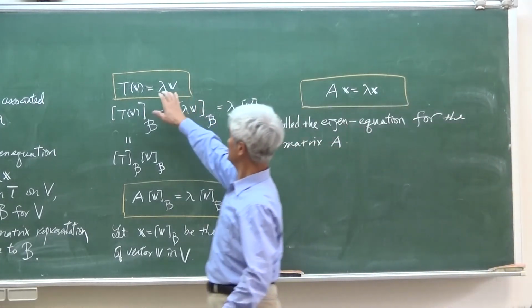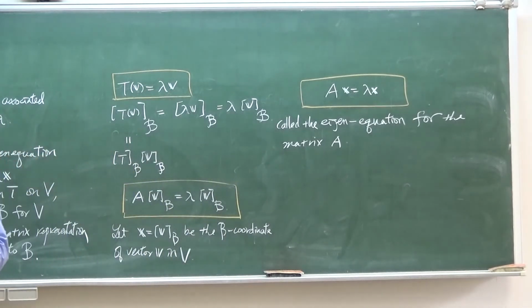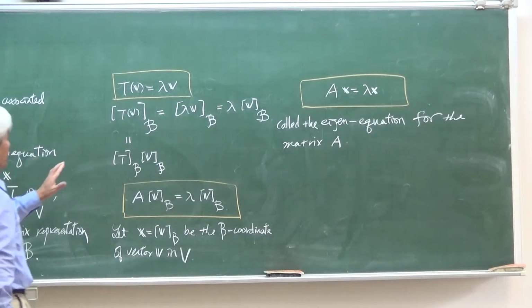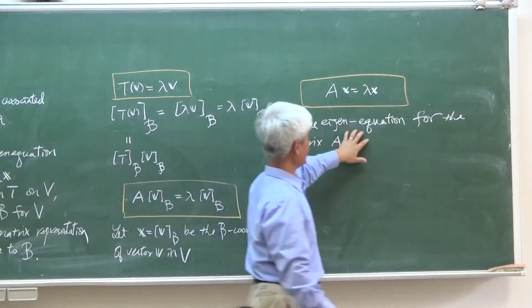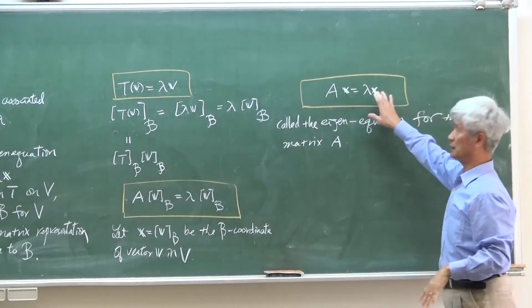So we turn the eigenequation for the linear operator T into the eigenequation for a matrix A.